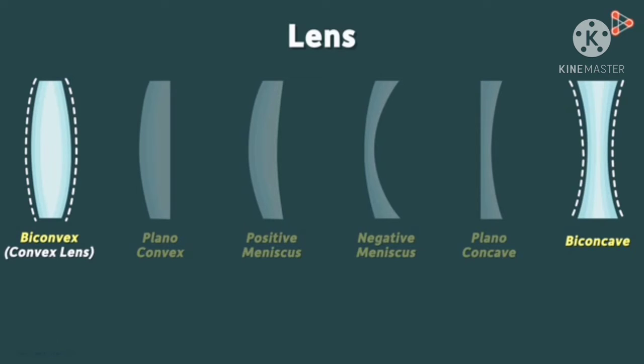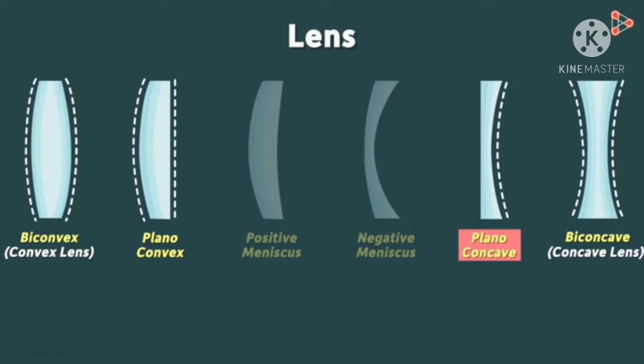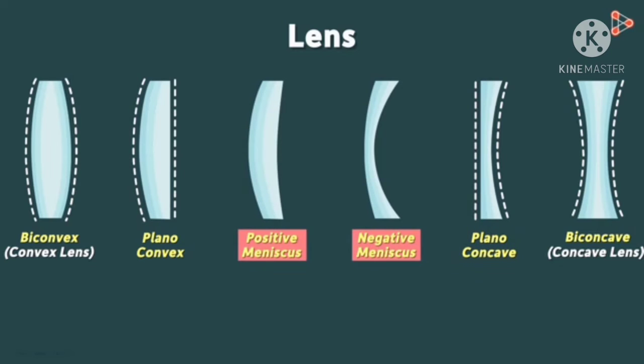Already we have seen about convex and concave. When two convex surfaces are joined, we have a convex lens. When two concave surfaces are joined, we have a concave lens. Similarly, when one surface is plane and the other surface is concave, it is plano-concave.